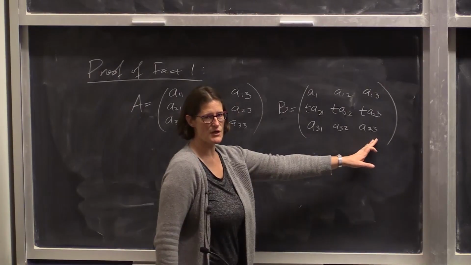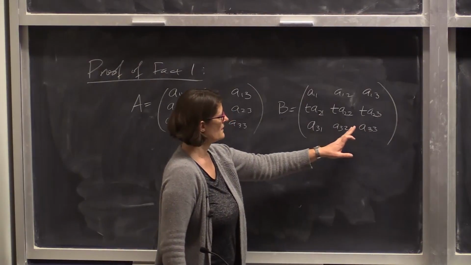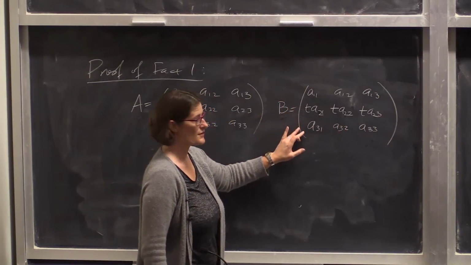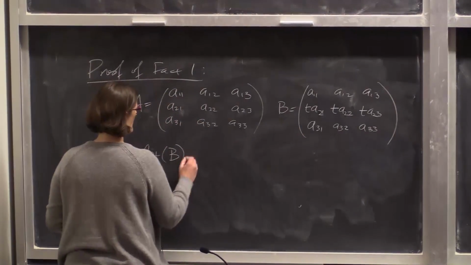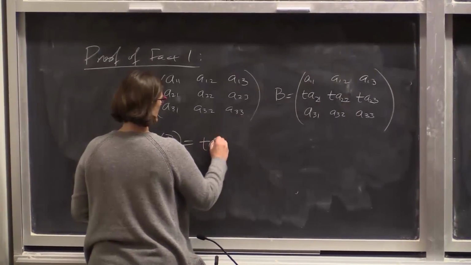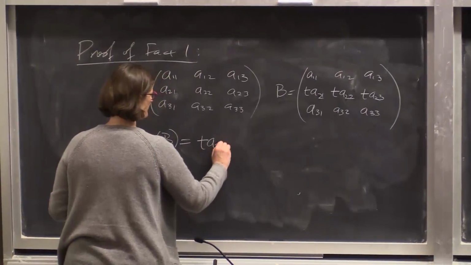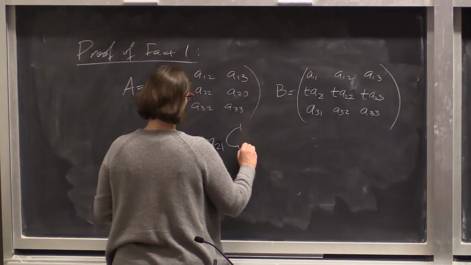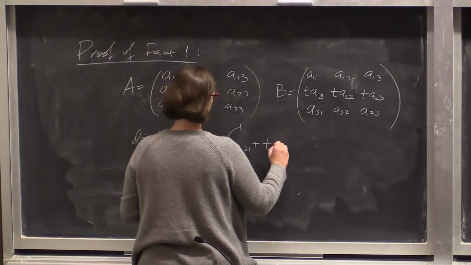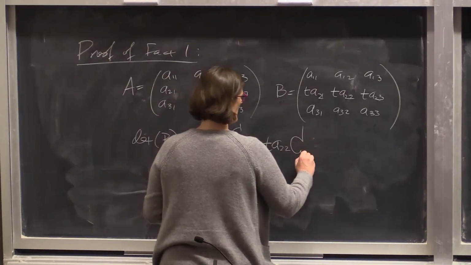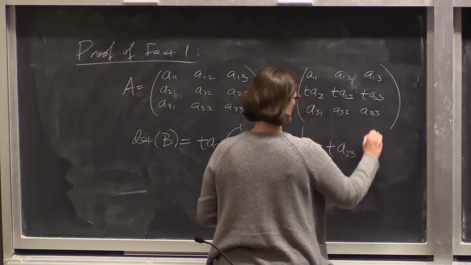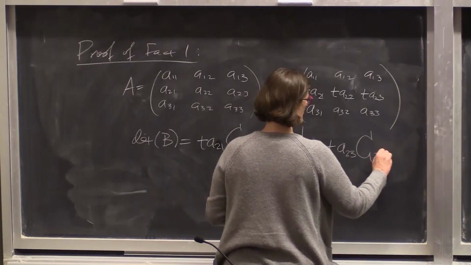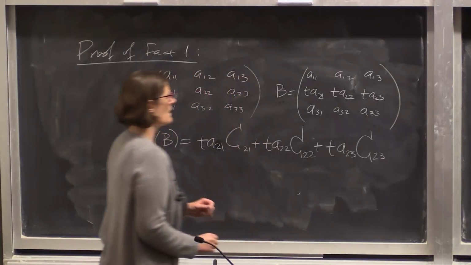What do you think might be a smart choice of rows? First row, second row, or third row? Second row. So determinant of B is equal to T A21 cofactor 21 plus T A22 cofactor 22 plus T A23 cofactor 23. All right.